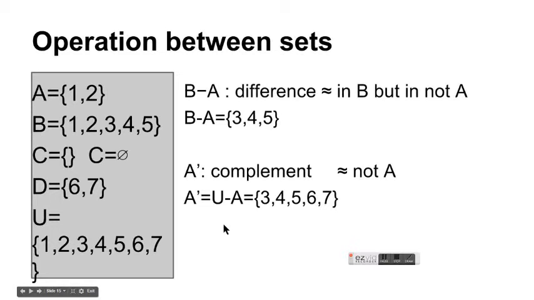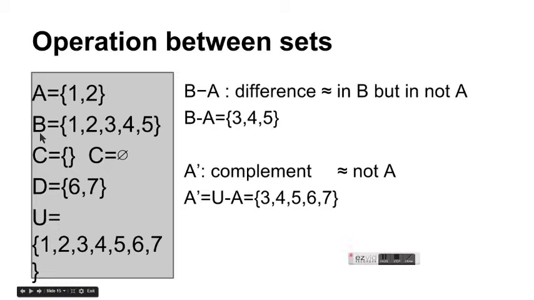And then we have difference. We use minus sign to represent difference. The difference can be understood as the members in B but not in A. Okay, so we have A and B. The members in A are 1, 2.